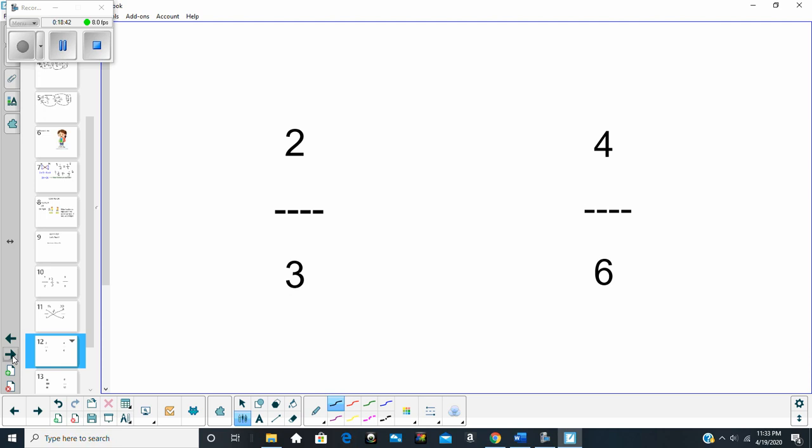Next we have 2/3 and 4/6. Saman, I see you're standing. Can you please come and show us why you believe 2/3 is equal to 4/6?